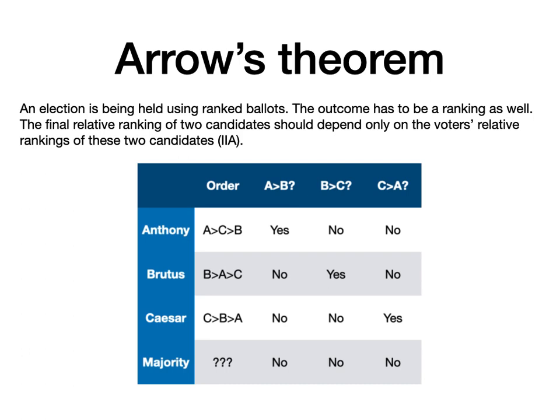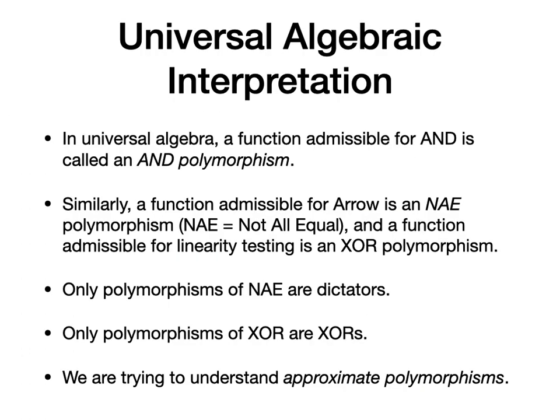So this is the NAE predicate mentioned here. And the only functions admissible for NAE are dictatorships. In linearity testing, we're interested in XOR polymorphisms, and we know that the only polymorphisms of XOR are XORs.